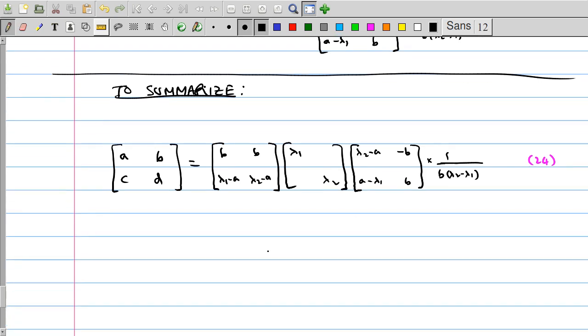So let me write this down. This is valid only if B is not equal to 0.